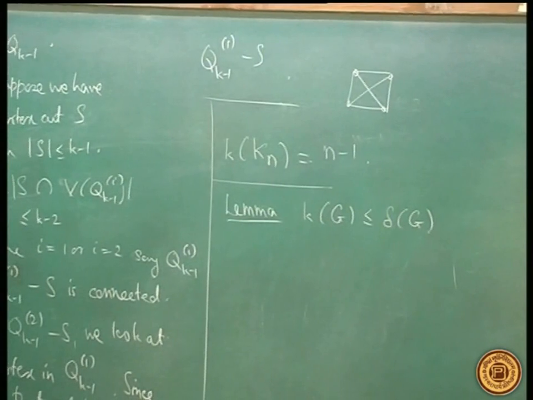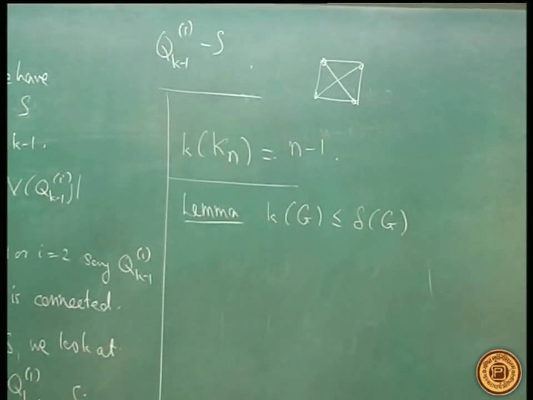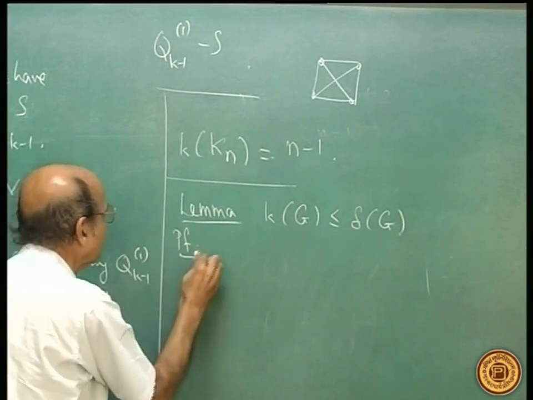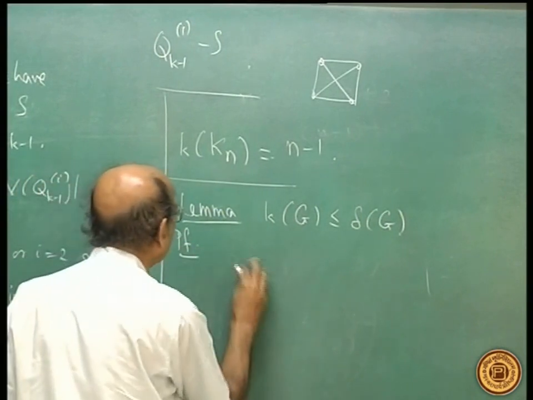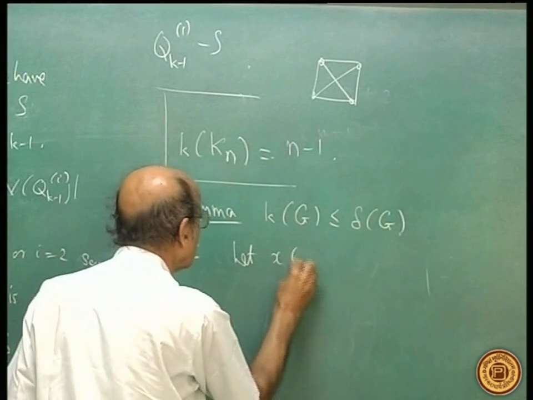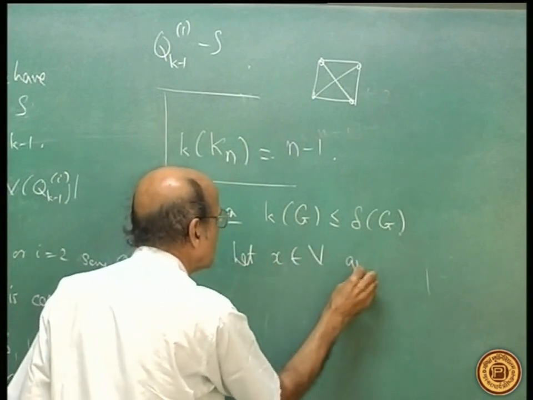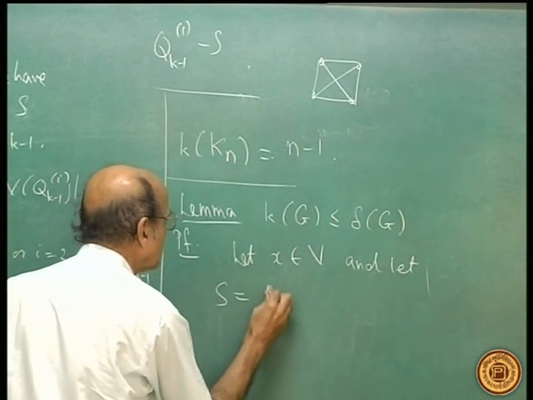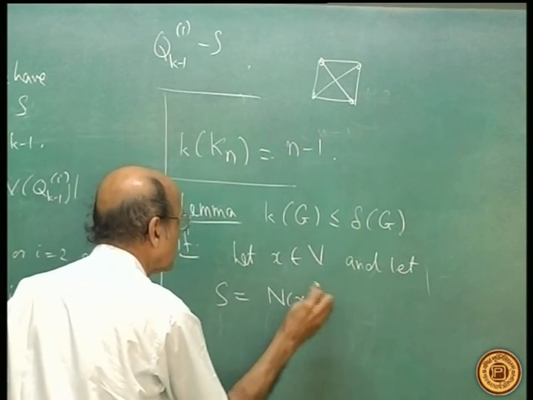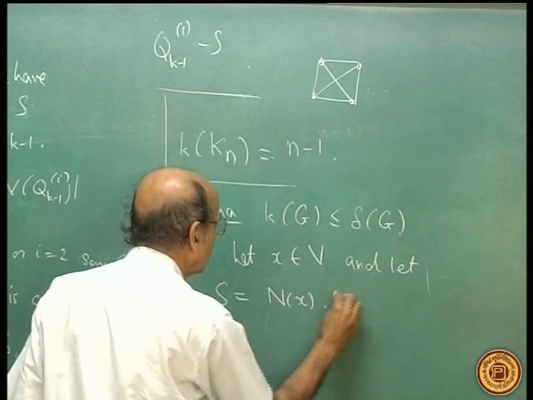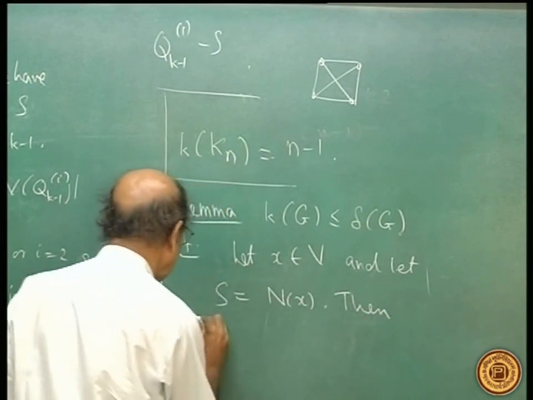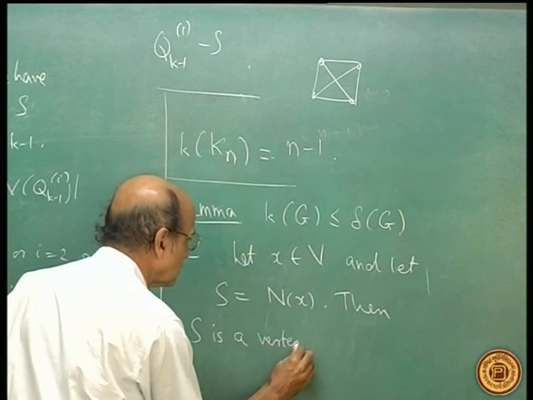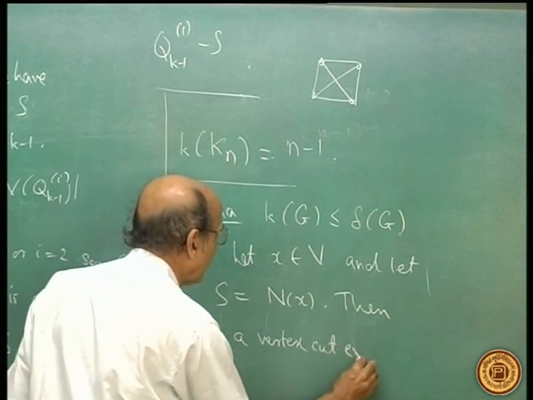I can always disconnect a graph using the proof: take a vertex x.